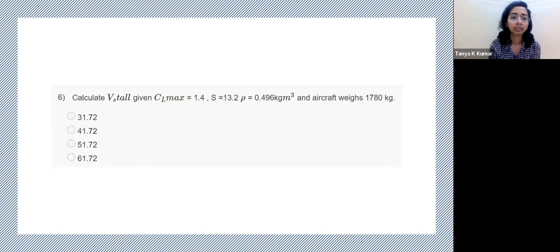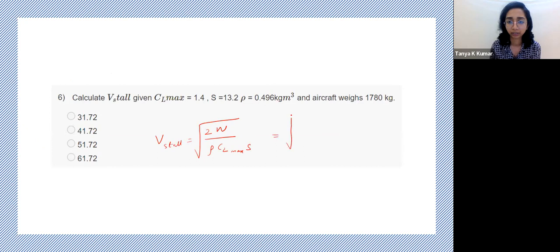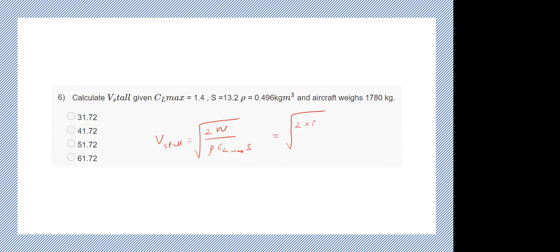Okay. This question we have been doing several times. This was there in your assignment. So one of you tell me how to proceed. What is the equation? V stall equals under root of 2 times the weight divided by rho, CL max, into S. Just substitute the values and tell me the answer. 61.72.